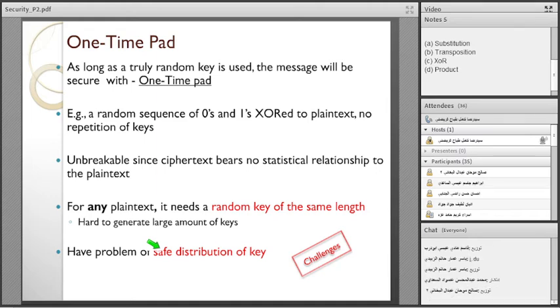Yes, Rasha, yes, we should use the same key. And it's not important how long the key is, okay? It's not important whether you use a key of 8 bits, or a key of, for example, 32 bits, or a key of 25 bits, or 512 bits.